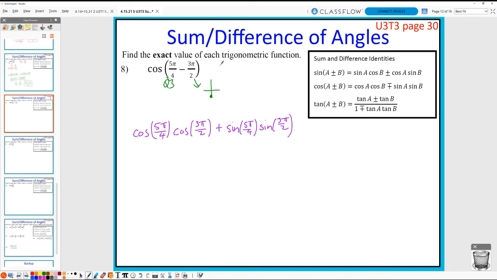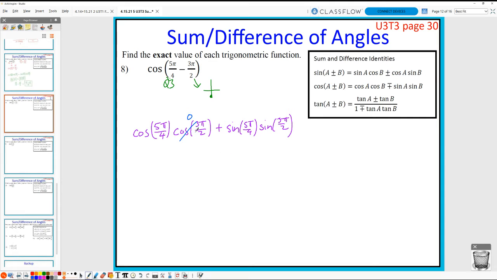Now, it is nice to know your quadrantals because on the y-axis, cosine is 0. You can think about it as if I was trying to create a triangle, there's no base. There's no base, so therefore it has to equal 0. So this is 0, meaning this whole side is 0.